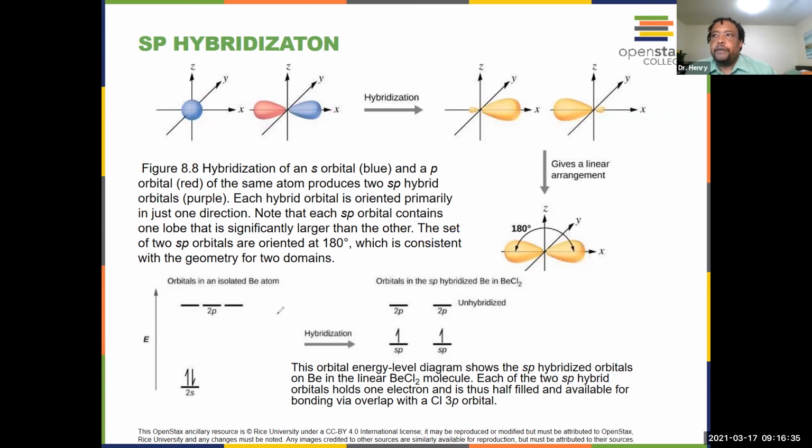Okay, so the key is here. Let me take a step back. Okay, so beryllium, we know that beryllium has 2 valence electrons. Where are those valence electrons located? They're in the S, right? They're in the S, okay? So when beryllium gets ready to bond with something, it'll borrow one of the orbitals and merge these orbitals.